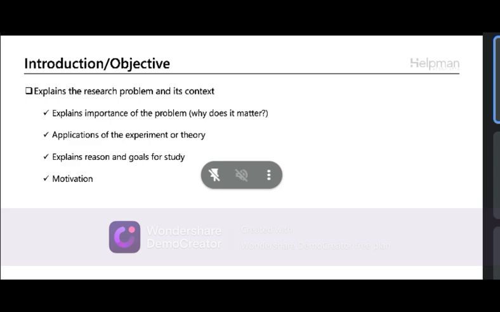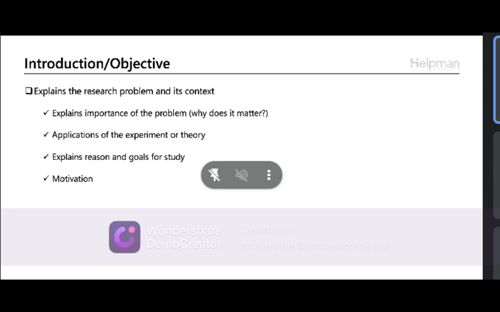So in this part, you want to explain the research problem and its context. It's not that you're just trying to say you want to do something. That's input writing. This one, you have done it. So when you're writing output, you will see the language is different from when you're writing a proposal.